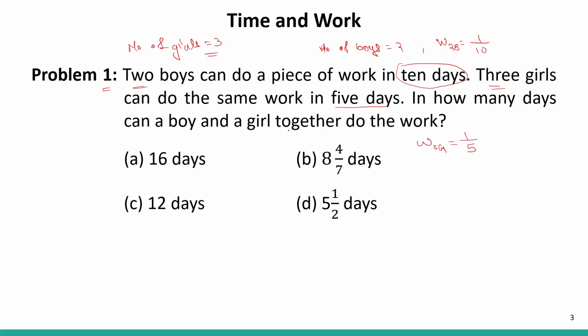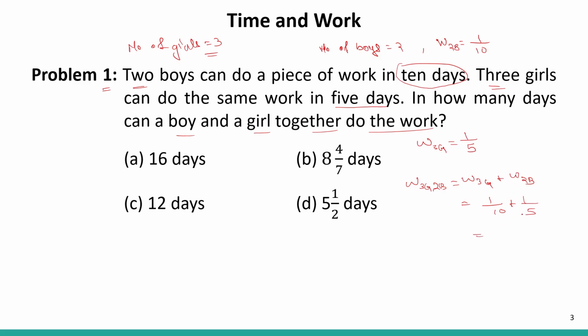Now, in how many days can a boy and a girl together do the work? If we want to combine all the boys and all the girls together, then W2B plus 3G is equal to W3G plus W2B, that is the combined work rate of boys, 1 by 10, plus the combined work rate of girls, 1 by 5.